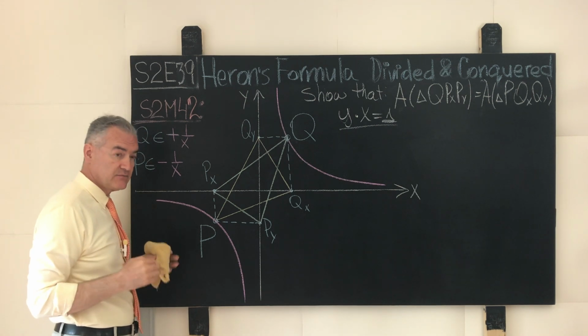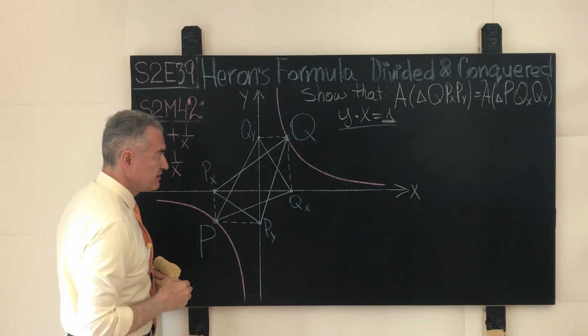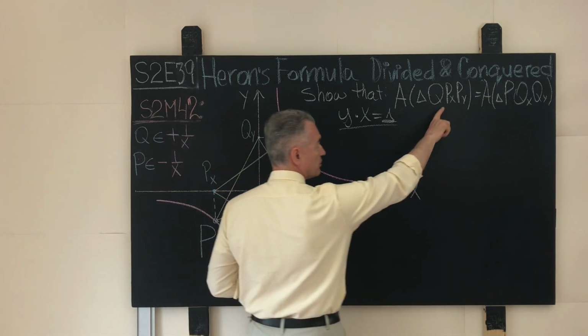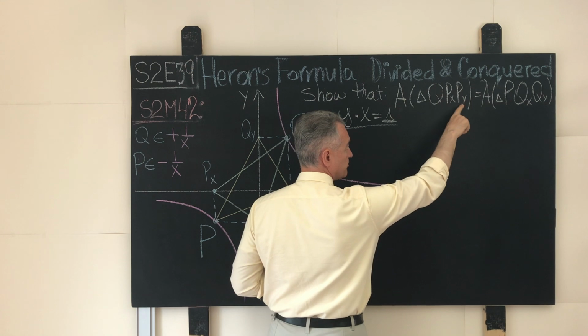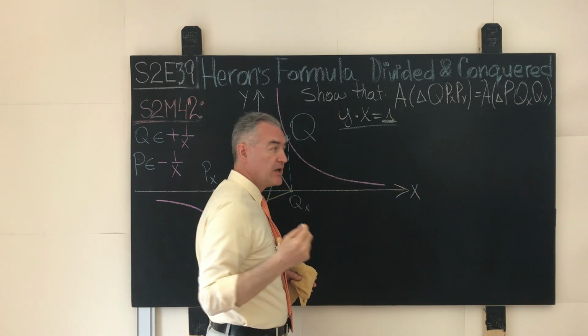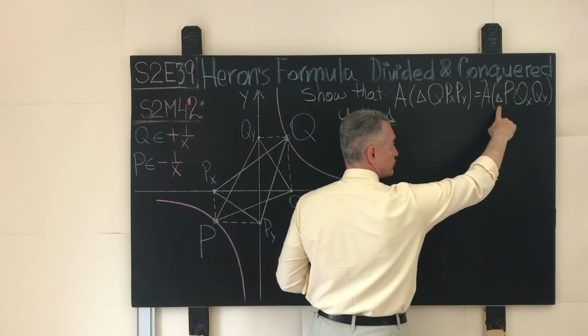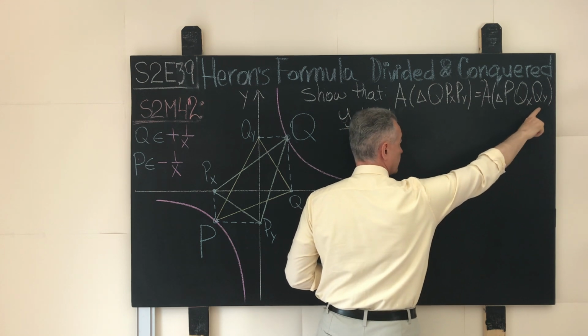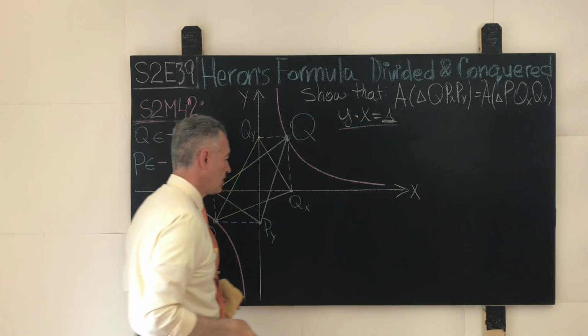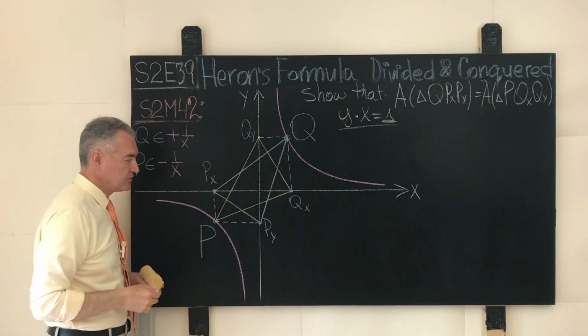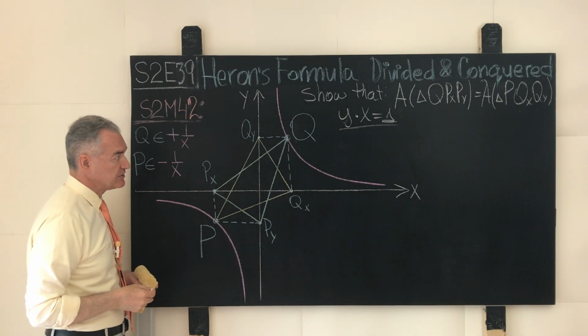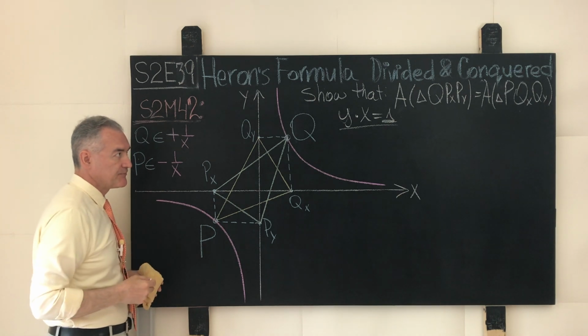This is a hint that the area of the planar triangle Q, PX, PY is exactly the same as the area of the planar triangle P, QX, QY. If you have any questions about the problem statement, don't be shy, use the comments section. But this is the challenge.